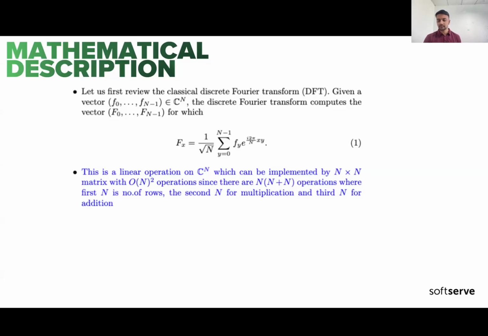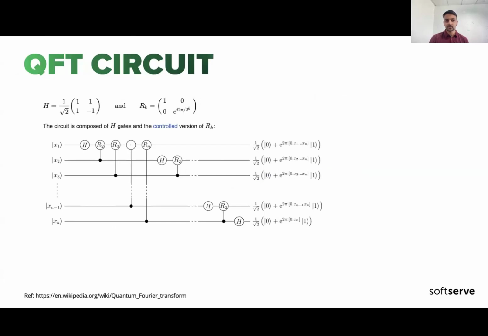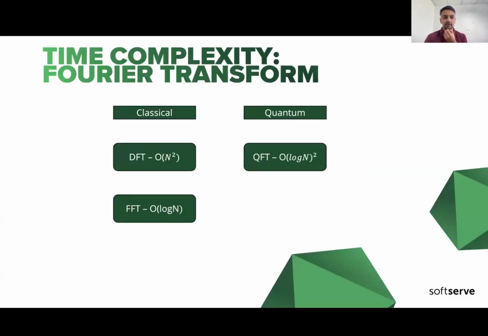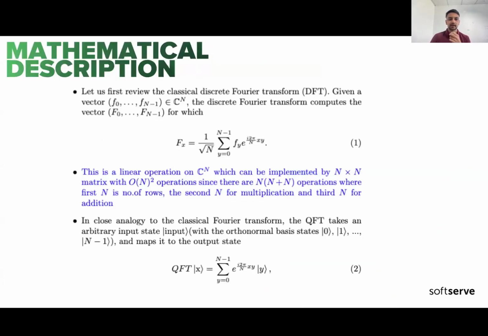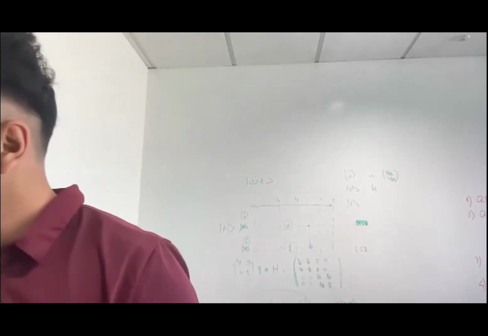I'll get into this on my iPad because it's hard to read. Then I'll talk about how a quantum version of that works, and then how the quantum circuit for implementing QFT works. Then I'll get into the complexity analysis. That will be the way this lecture goes. Because I don't want to switch back and forth, I'll go directly into my iPad.